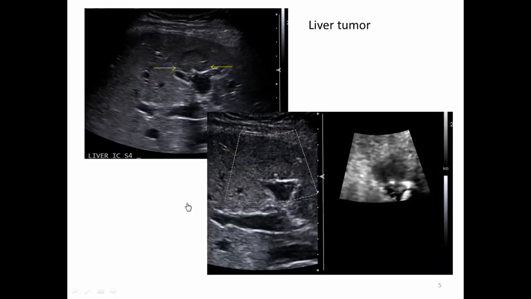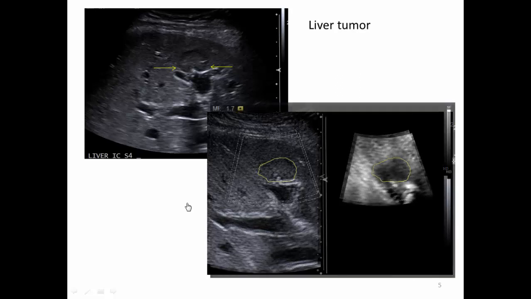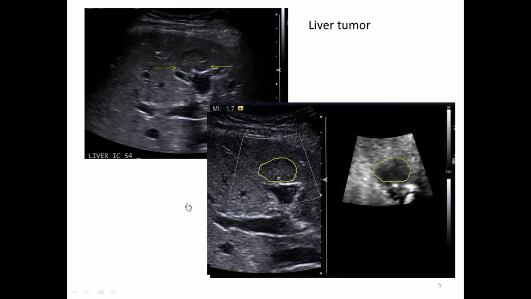By using static elastography, we can obtain the strain imaging in this area, and we can see that the stiffness is presented in grayscale. The location corresponding to the tumor looks stiffer, as shown in the grayscale imaging, which is darker here as compared to the surrounding liver tissue.